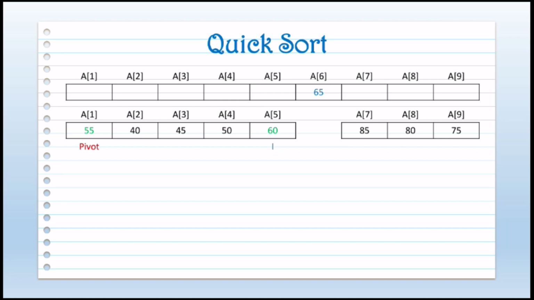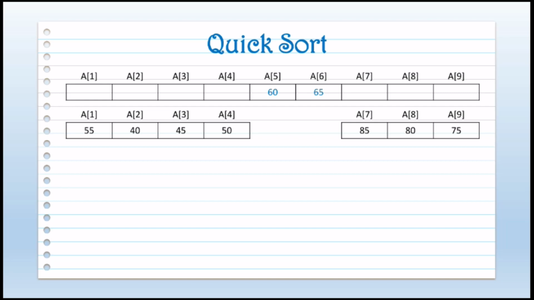That means there will be no elements in the second array. So based on this 60, we will divide the array into two parts. In the first array, there will be elements less than 60, and in the second array there is no element, so that array will remain empty. So now we have got the position of 60, that is it will be in the 5th position in the sorted list.